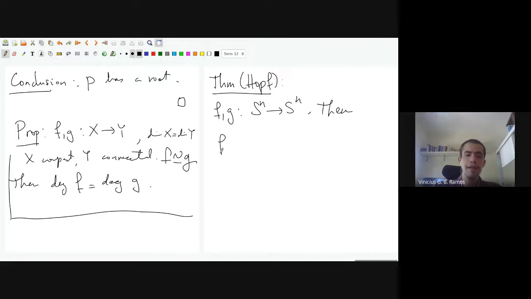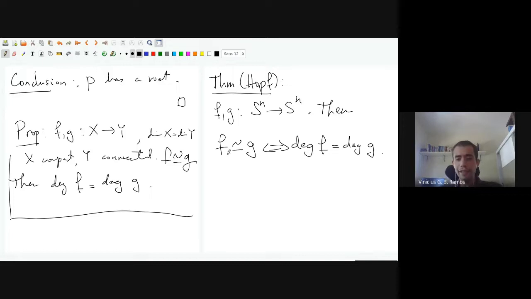Then f is homotopic to g if and only if the degree of f is equal to the degree of g. Okay, so it's very interesting because it's basically saying if X and Y are both S^n's, then the degree is enough to classify the maps up to homotopy.